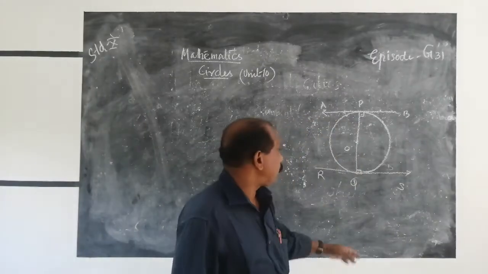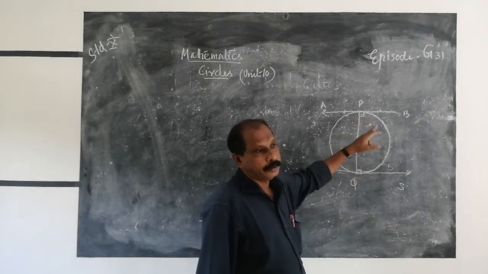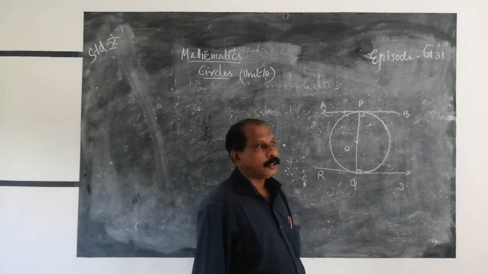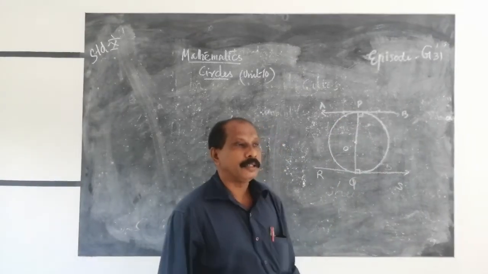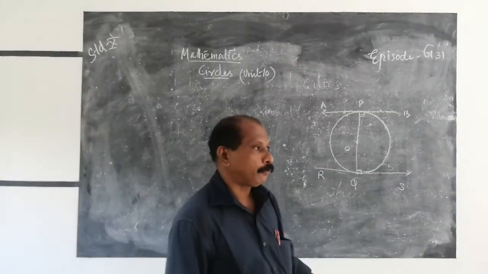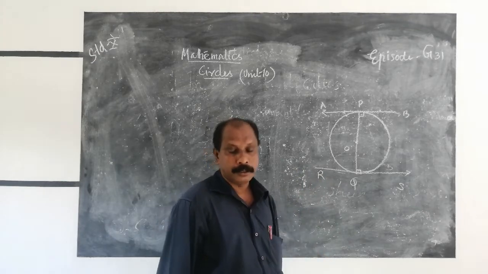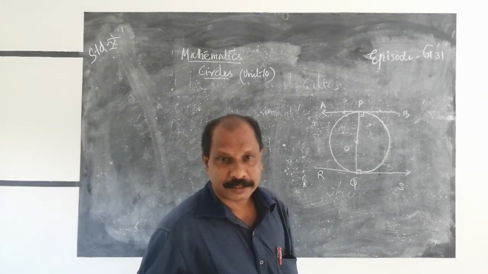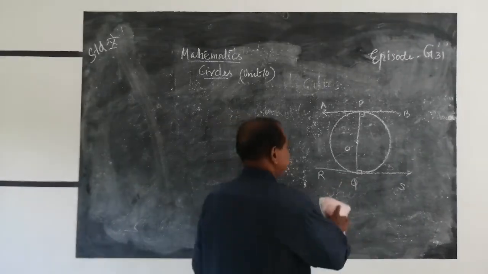That means the angle at Q is 90 degrees, the angle at P is 90 degrees, and the sum of these two is 180. Therefore, by the transverse line PQ, the sum of the interior angles is 180 degrees, so they are parallel. Therefore, the tangents at the ends of any diameter are parallel to each other. There is another basic theorem for the tangent.